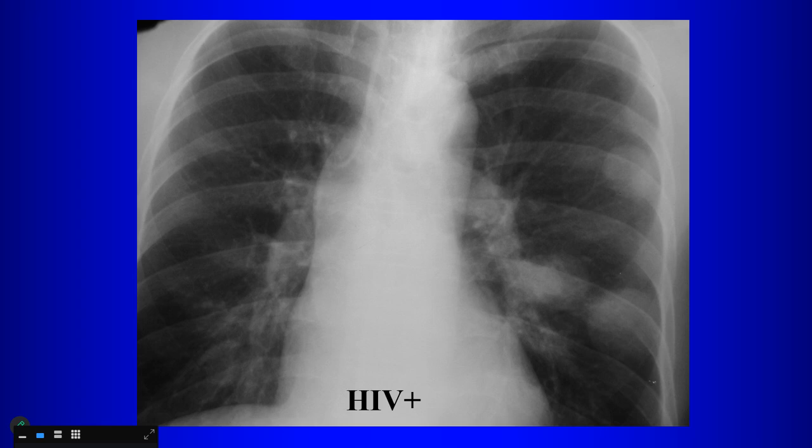Could it be infection? What infection might give you round nodular opacities like that? Could be like early septic emboli. Well, septic emboli before they cavitate might give you nodular opacities, right?